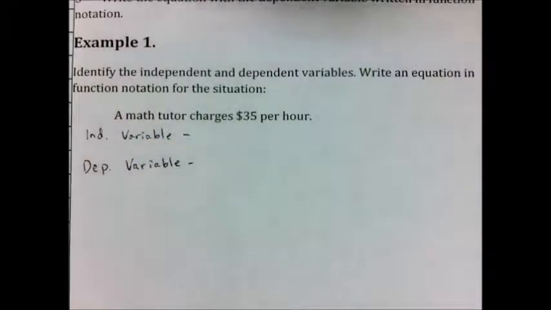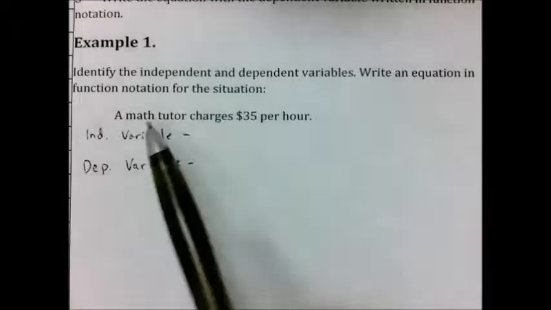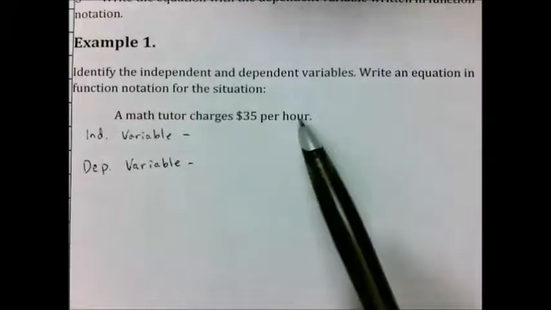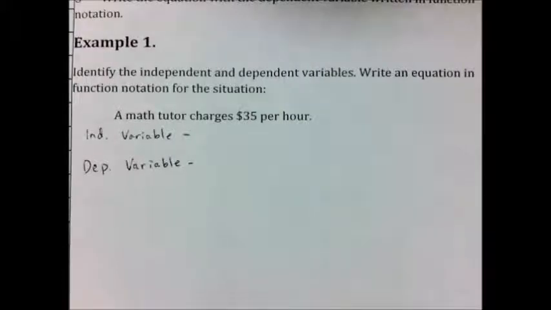So remember, in order to identify what the independent and dependent variables are, the first thing we need to do is identify what those two unknowns are. And those two unknowns, it looks like, are the amount of money that we're going to receive and the time in hours that it takes. Okay, and to determine which one is the independent variable, we need to decide between those two, the amount of money or the time, that needs to be known in order to figure out the other one.